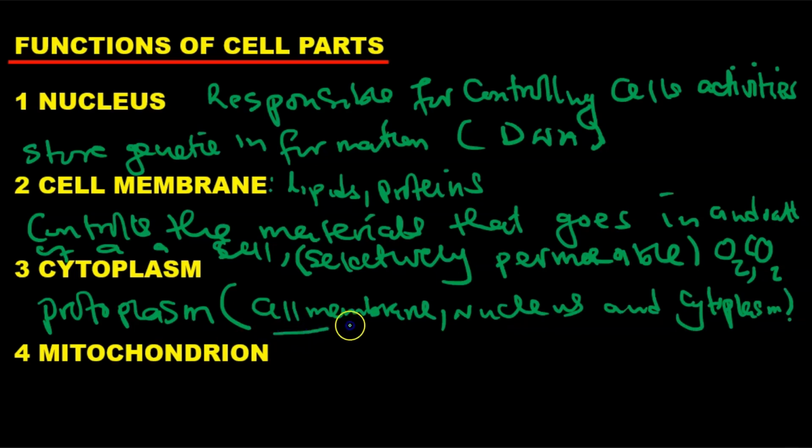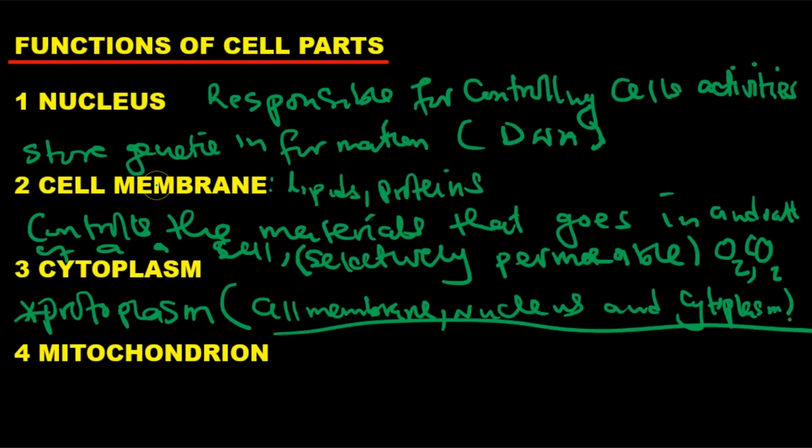Protoplasm is just the living part of the cell. So the parts that make up the living part of the cell are the cell membrane, the nucleus, and the cytoplasm. These make up what we call the protoplasm.